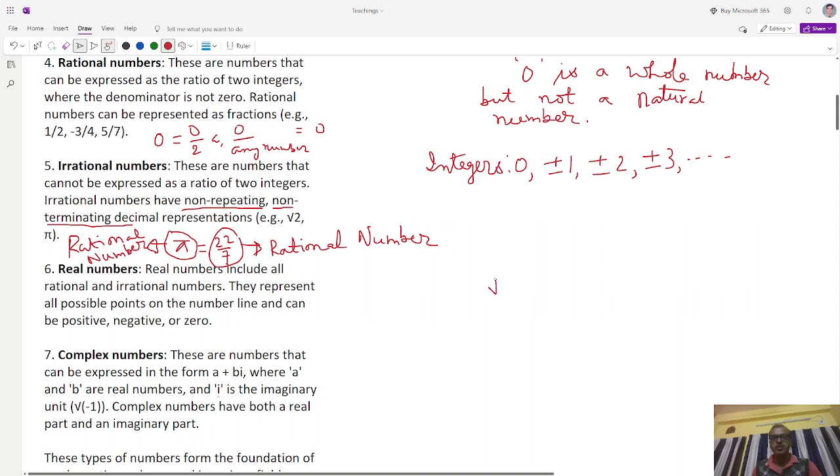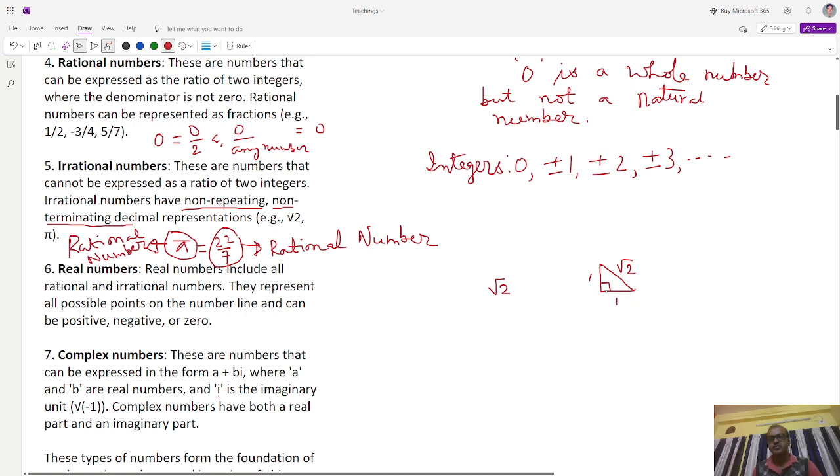Root 2. How do we represent it on the number line? This is 1 unit and this is 1 unit, right? And this is a right angle. Then this will be root 2 using the Pythagorean theorem.